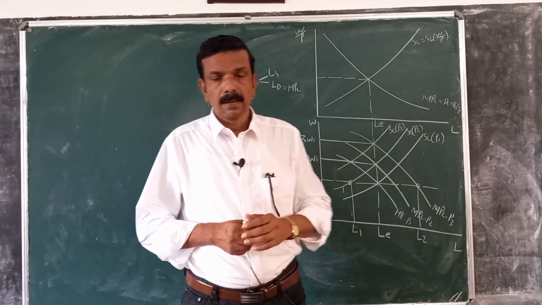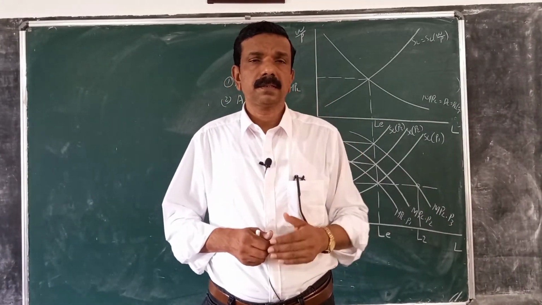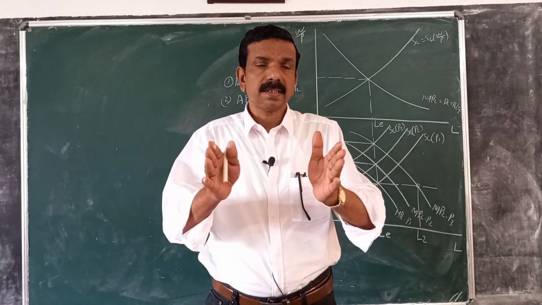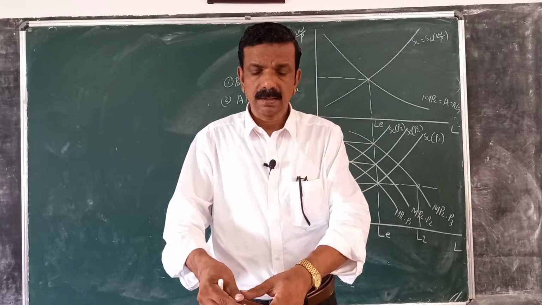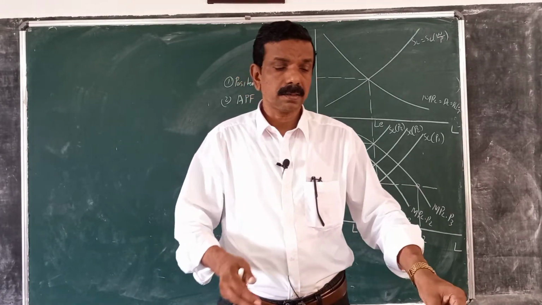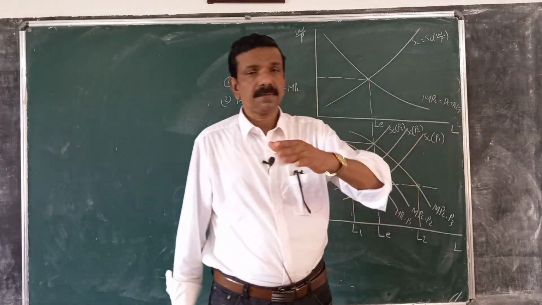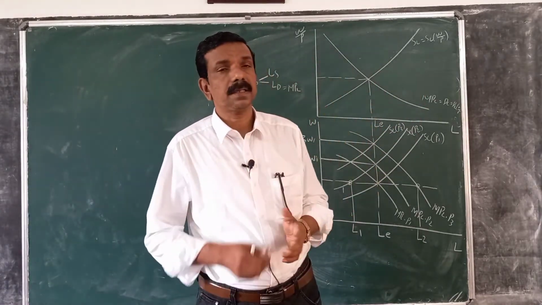Also, the labor supply curve will shift towards the right or left depending on a change in the labor-leisure preference. If the society's preference for labor increases, it will shift towards the right, or if the preference for leisure increases, it will shift towards the left.